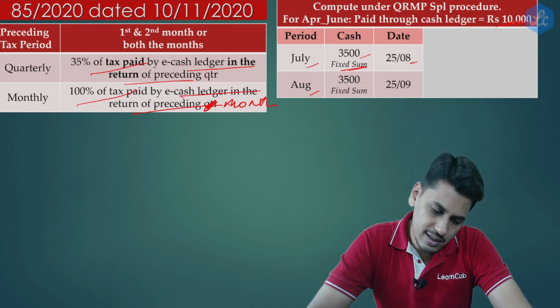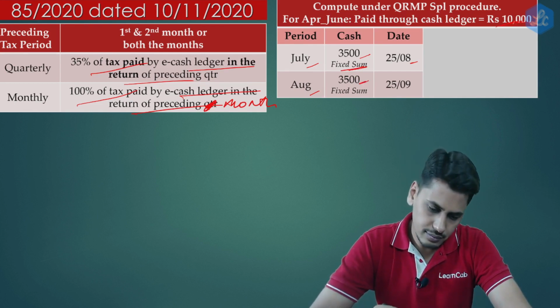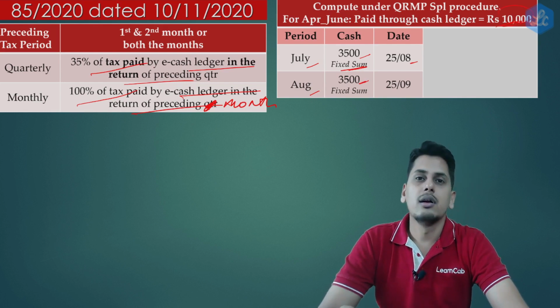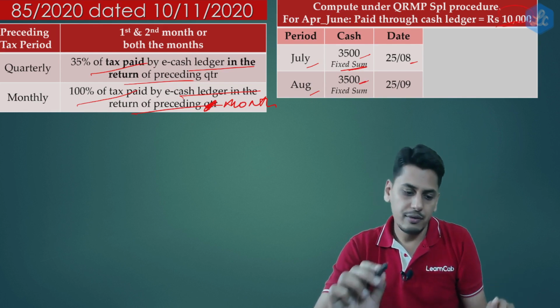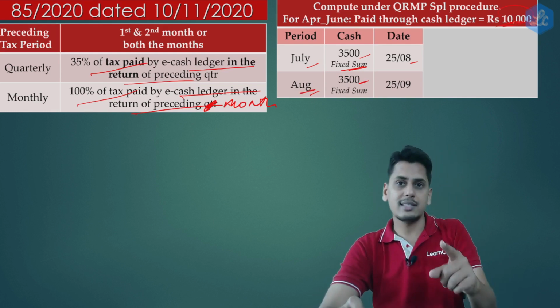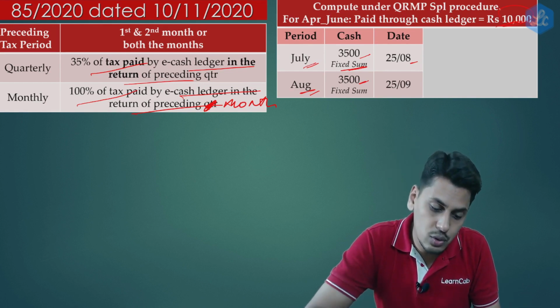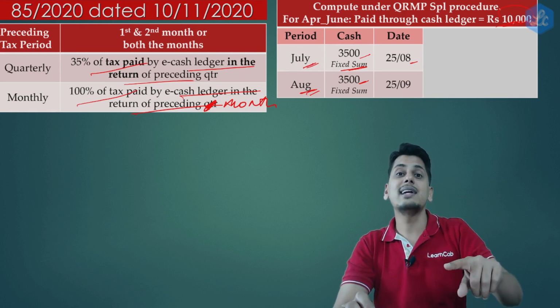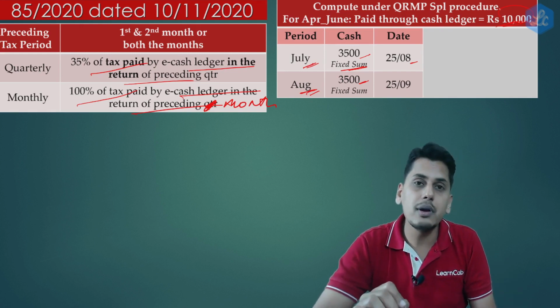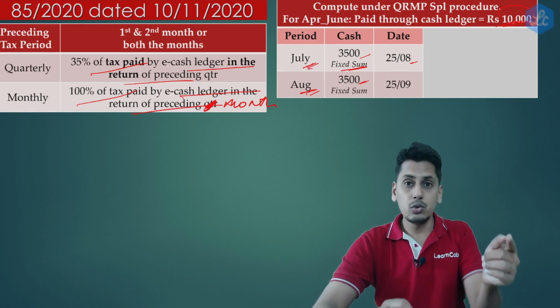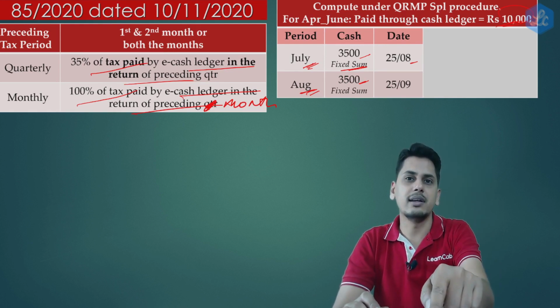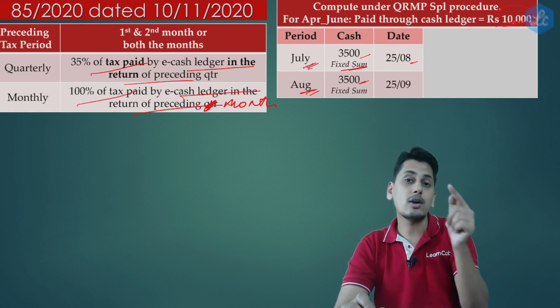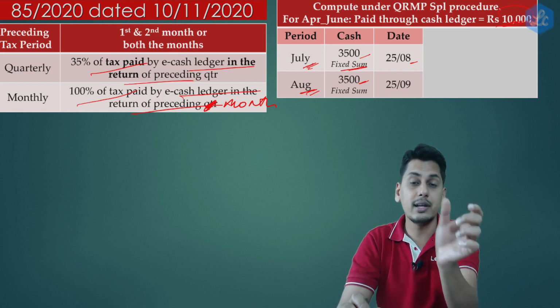For the month of August, the very same 3,500, because now what is the preceding tax period? Friends, please understand, for the month of August, your preceding tax period is not July. Your preceding tax period is April to June. Why not July? July is a part of the current tax period. July, August, September is a component of the current tax period quarter.